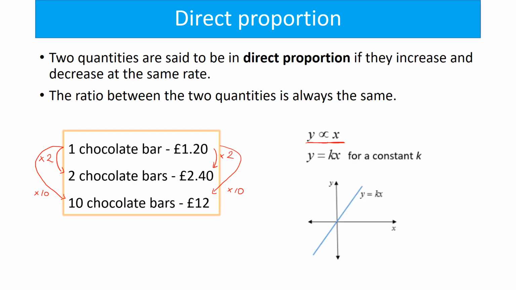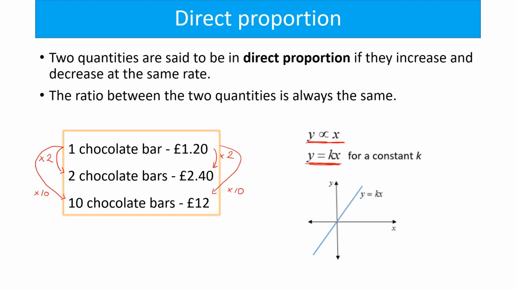This reads that y is directly proportional to x. This can also be written as y equals kx, where k is constant. We're going to look at these types of statements in a bit more detail in a moment, but that's what we're going to be using.